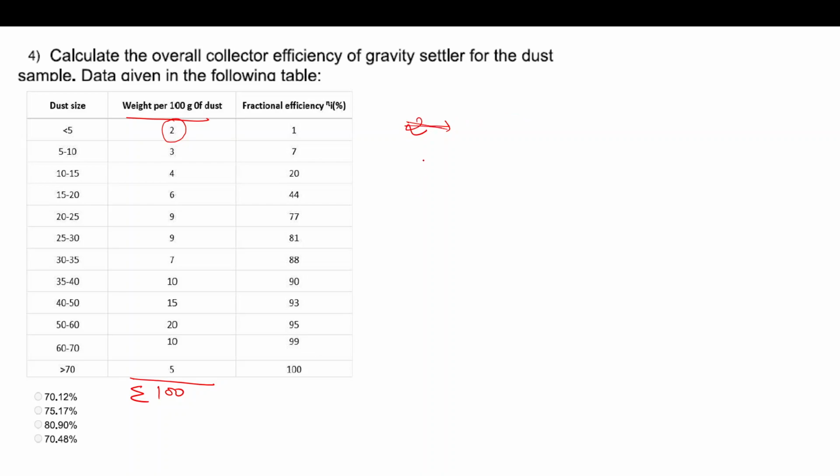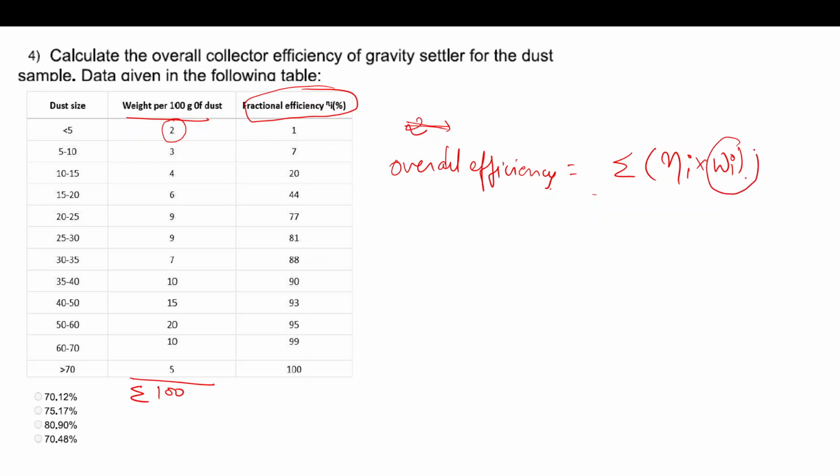So what you do, you first calculate overall efficiency. For that, you just need to take the weighted average. So summation of eta i, which is the fractional efficiency for any particular distribution, into the weight fraction wi.